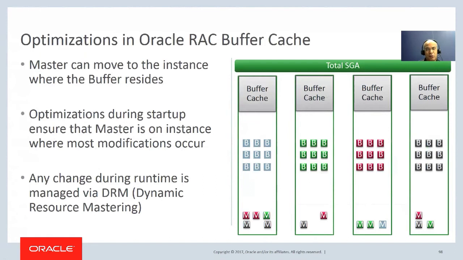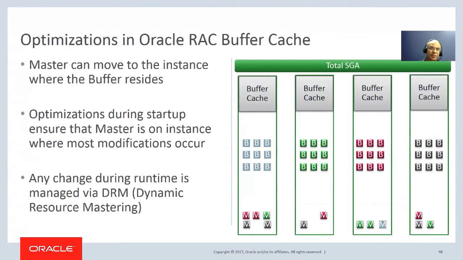And let's say your load has changed over a period of time. Anytime the load changes, we try to move the master via what we call dynamic resource mastering. During runtime, we try to move some of these masters to the instance or node where that buffer is frequently accessed. There are some numbers there, but we don't have to get into them. Like, what happens if only nodes 2 and 3 access it?